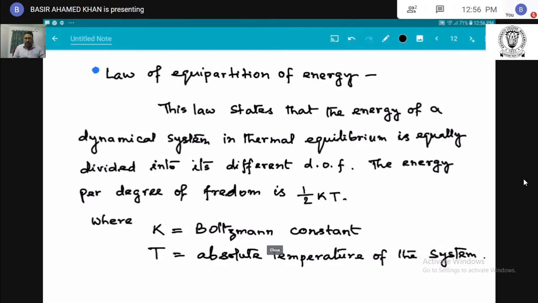This is the law of equipartition of energy.